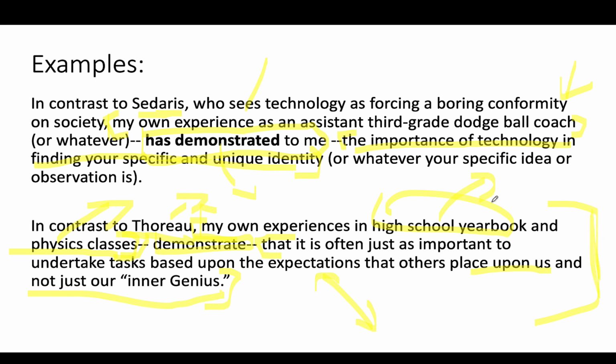That means the paper that you would have to write after a thesis like this would have to bring evidence in to make it clear and to try and convince the reader that the point being argued is correct. And that's what you want.